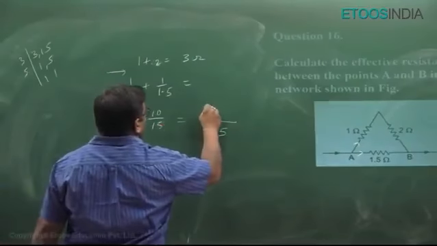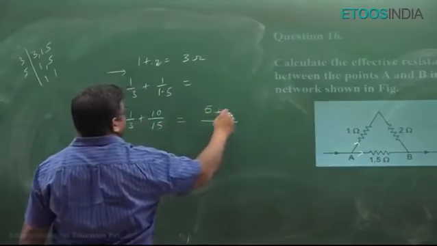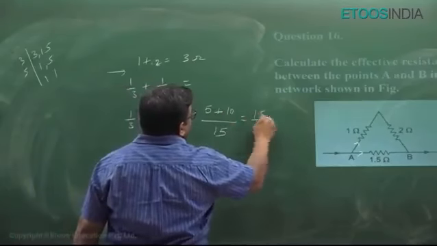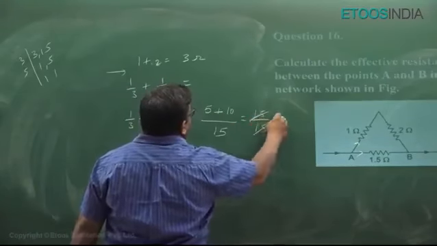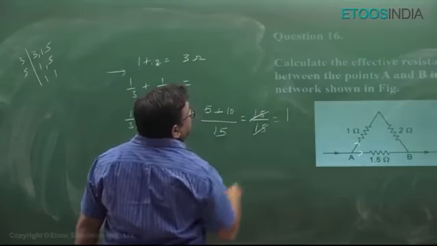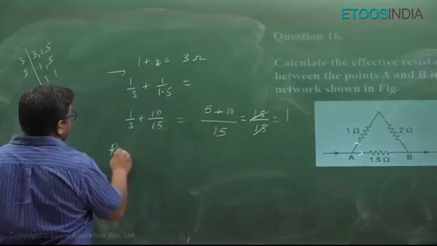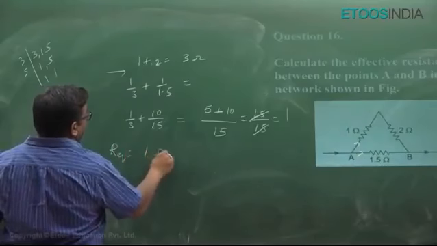So it is 5 plus 10, and the answer is 15 upon 15. That is 1. So the total resistance is 1 ohm.